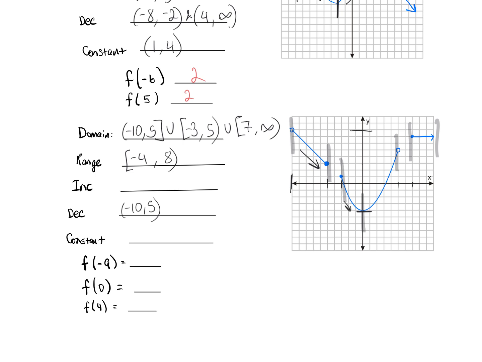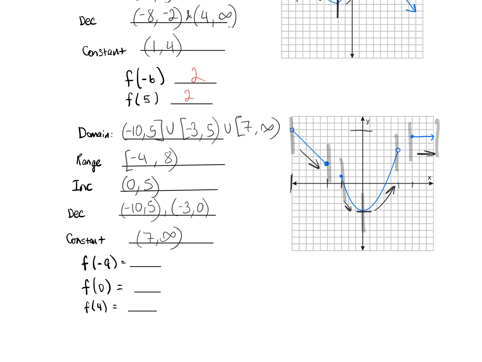That's going to be from negative 3 to 0. I have an increasing section from the other side, so that's going to be 0 to 5. And then I have on the last segment right here a constant, so that's going to be from 7 to infinity because it stays flat for the rest of the graph.